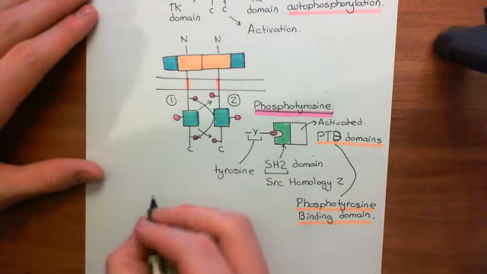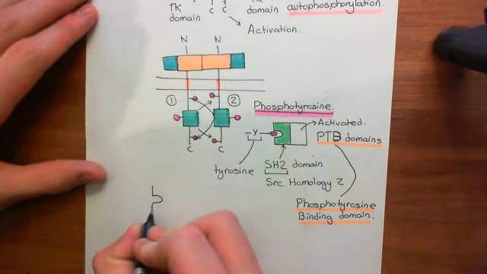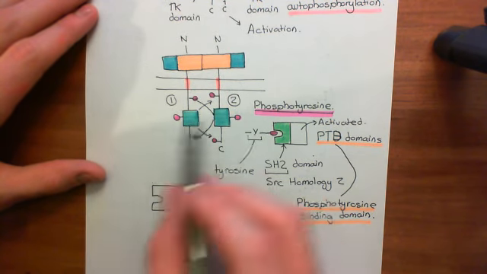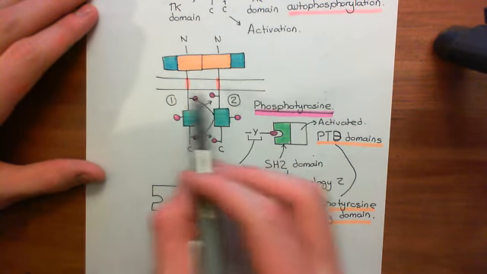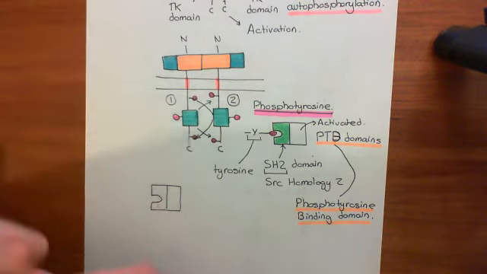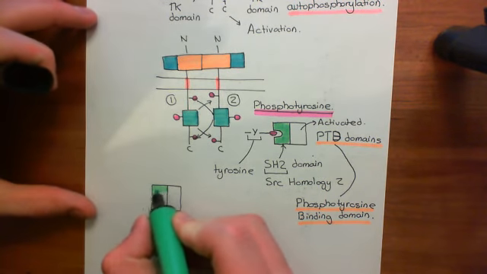So maybe you had a protein that was in the cytoplasm, and in the cytoplasm it was active, but it didn't have its substrate. Maybe its substrate is in the membrane. So it wasn't actually capable of doing anything in the cytoplasm, even though it was active.